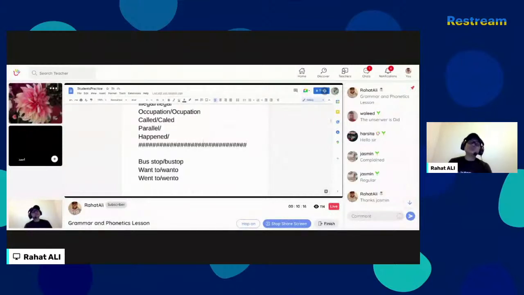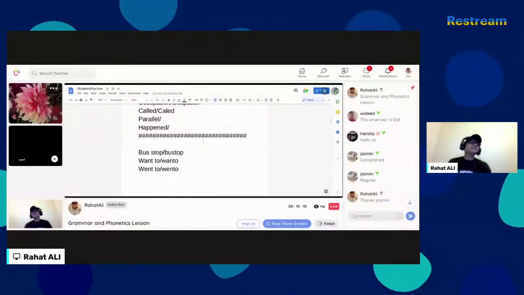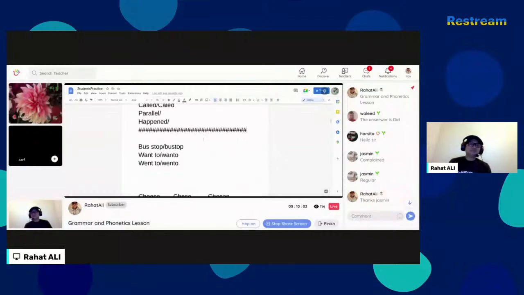So we bring them together and we say bus stop. Likewise, want and to: want to. Went and to: went to. Make some sentences, 3 sentences with these 3 words, please.